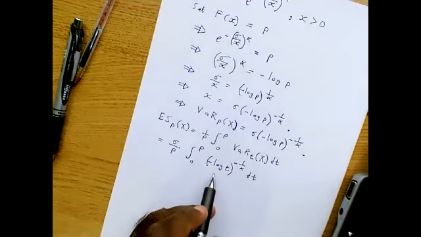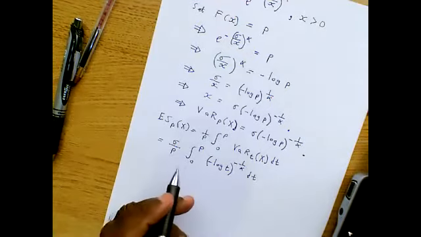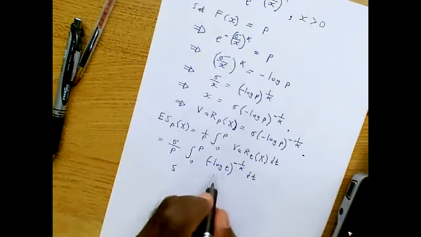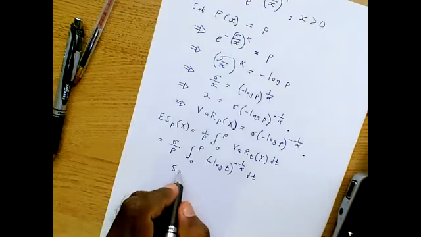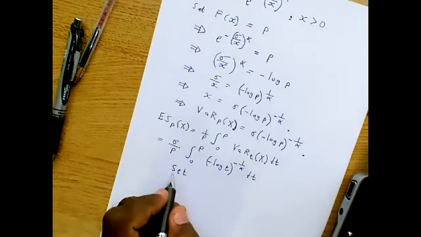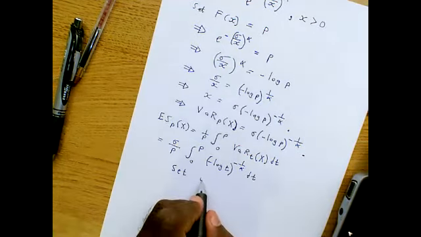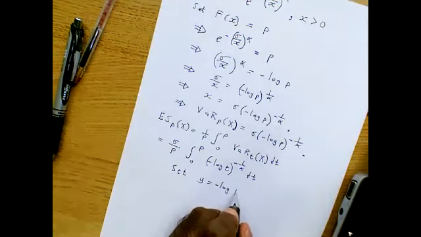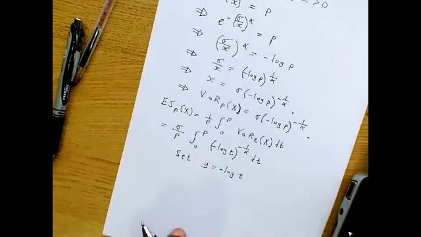So in this case, the substitution that will work is the following. Because you have this minus log of t, one substitution that will work is to set y equal to minus log of t, right?